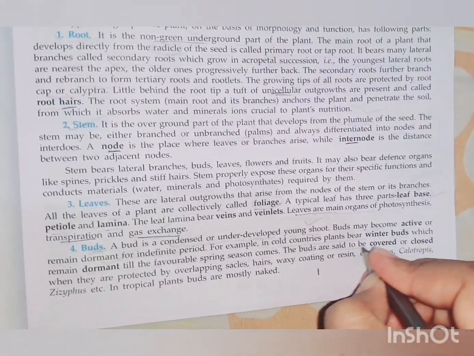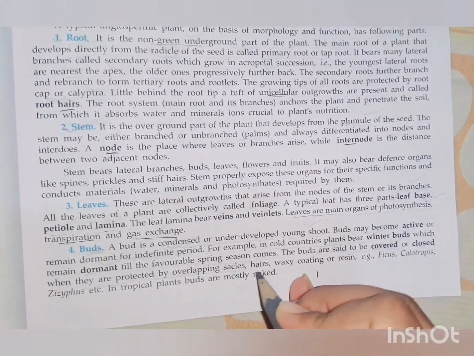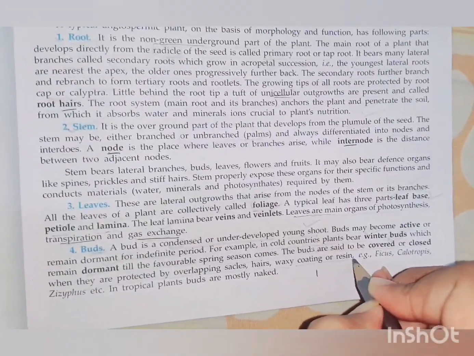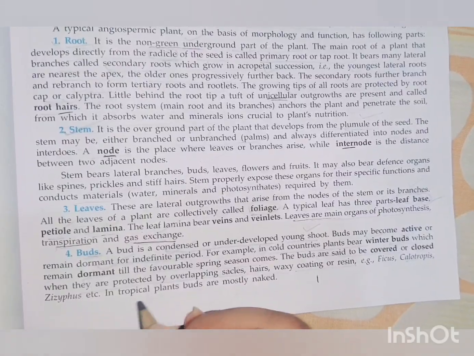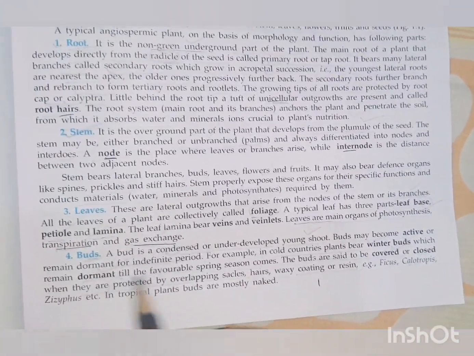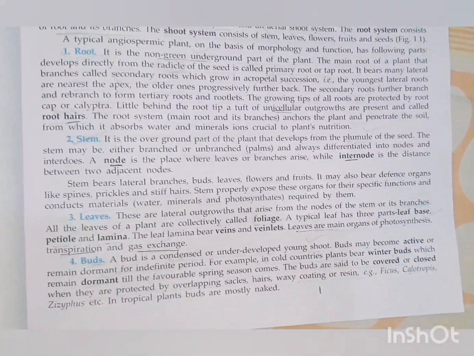The buds are said to be covered or closed when they are protected by overlapping scales, hairs, waxy coating and resins. In ficus, calotropis, these waxy coatings or resins are present. So they cover or protect the young developing buds.